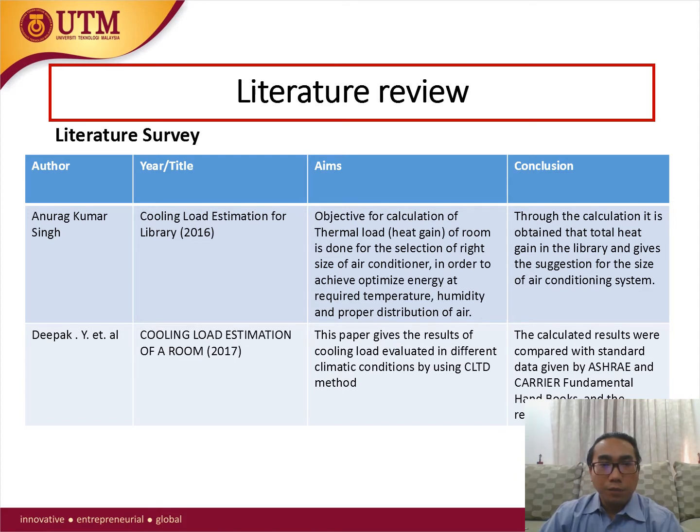The objective is that the calculation of the thermal load of a room is done for the selection of the right size of air conditioner in order to achieve optimized energy at required temperature, humidity, and proper distribution of air. The conclusion through the calculation is to obtain the total heat gain in the library and give a suggestion for the size of the air conditioning system.